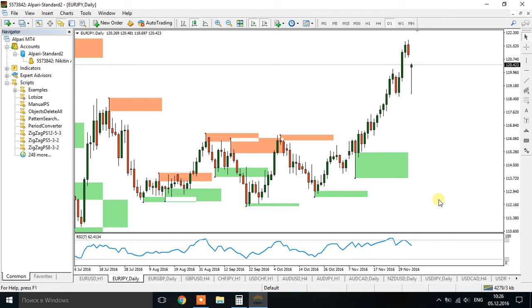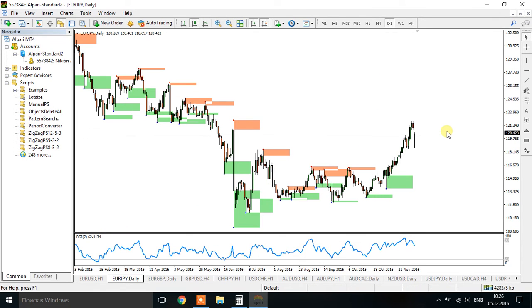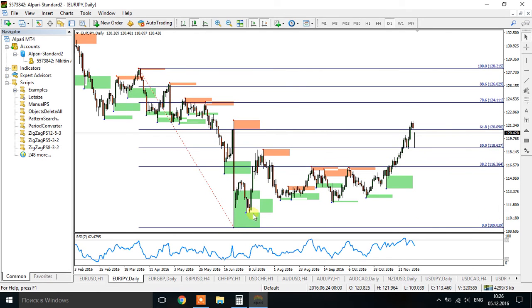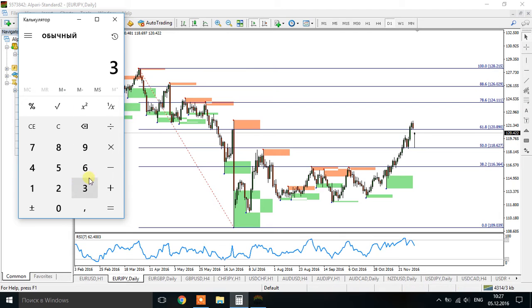Let's move on. The next thing I am to check is Fibonacci confluence. Every Fibonacci confluence equals 1 point. If I stretch my fibs this way, I will find that price now is at approximately the 618 retracement. It is another point, so 618 retracement plus 1. In total I have 4.